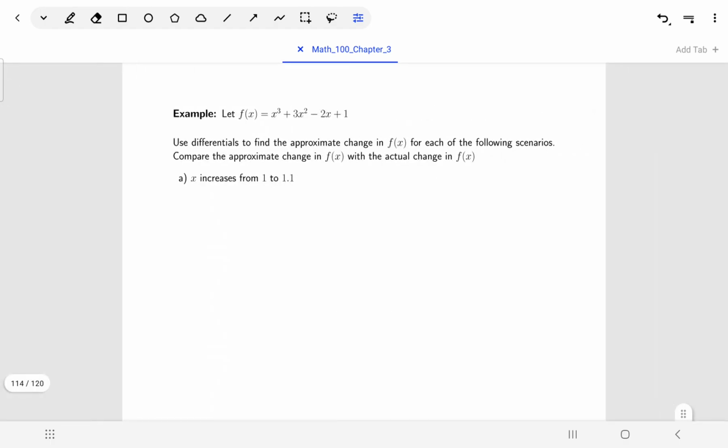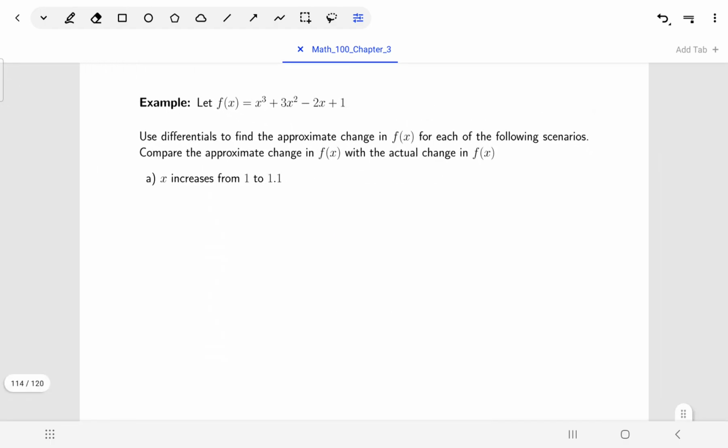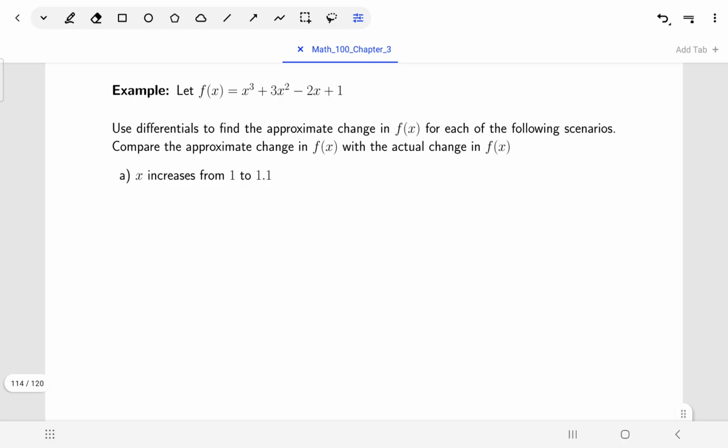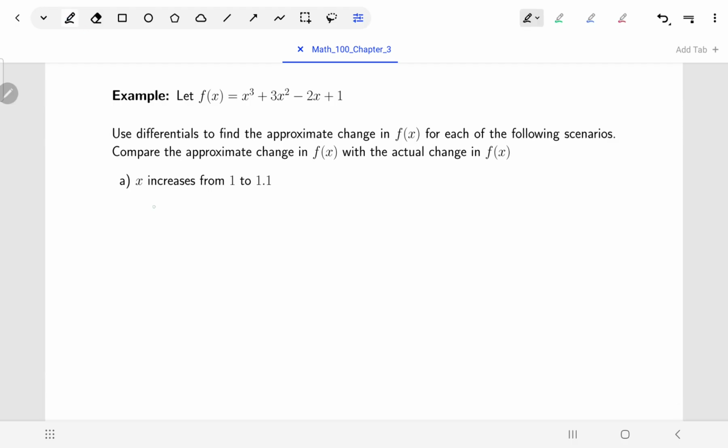Okay, so I've got this function and I want to use differentials to figure out what is the approximate change in this function. For this one, I'm going to have to be careful because when I'm thinking about dx, the change in the x values, I'll have to think about what kind of change it is. Is it an increasing or a decreasing kind of change? So for the first one, if I'm looking at x increasing from 1 to 1.1, then my change in x, my dx, would be something positive.